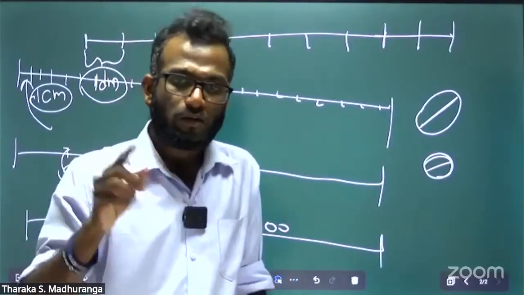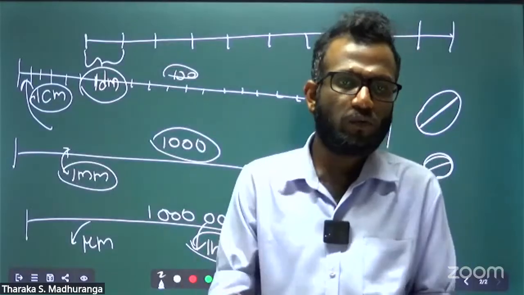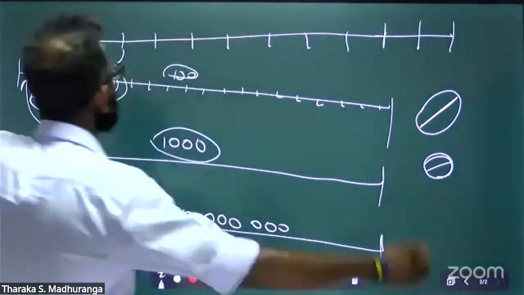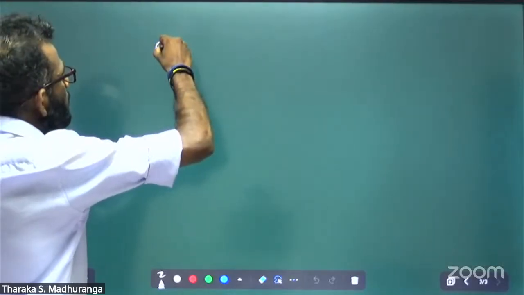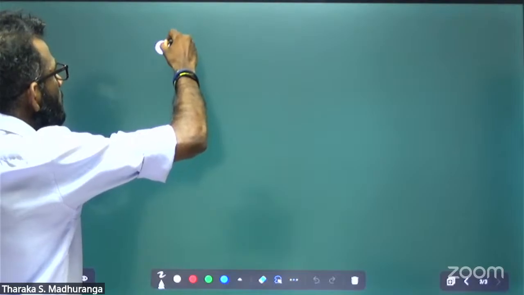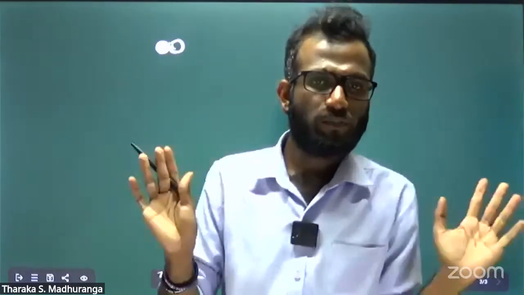Normally, do you know what is the minimum gap that we can observe as separate? What is the minimum size that we can observe by our naked eye, without any instrument?